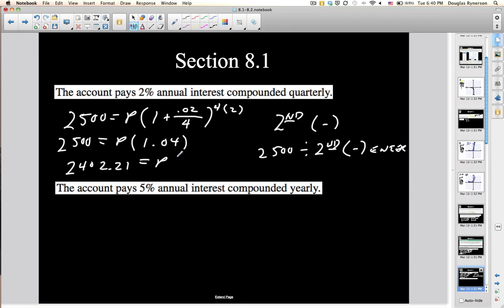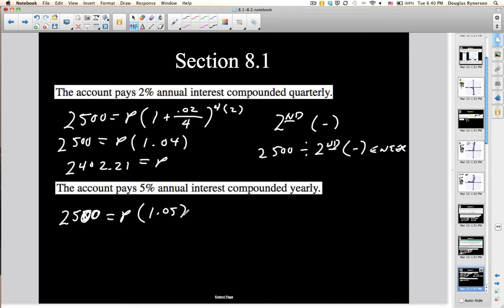That difference between the actual calculation and the result you get when you round is called rounding error. And in our last example, we've increased the interest rate, but we've decreased how frequently we compound. So I'll still have $2,500 equal to some unknown amount of principal times 1.05, that's 1 plus the 5% interest.